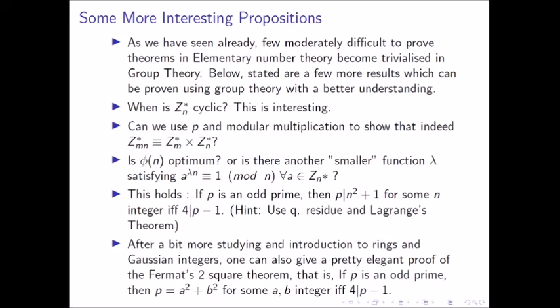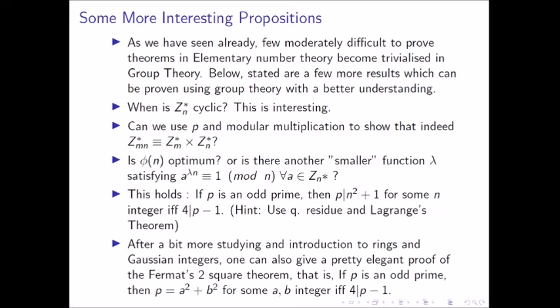Now this is another interesting question. Is phi optimal, or is there a smaller function, smaller in the sense that lambda satisfies lambda n is less than or equal to phi n for each n, and for some n lambda n is strictly less than phi n? This is what we mean by a smaller function.